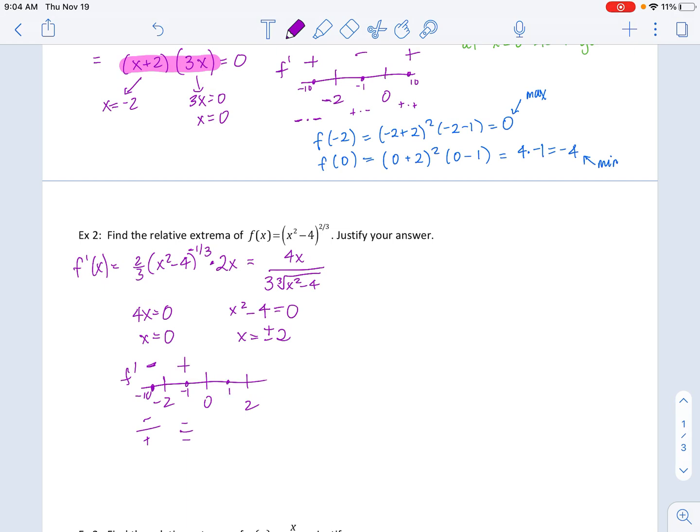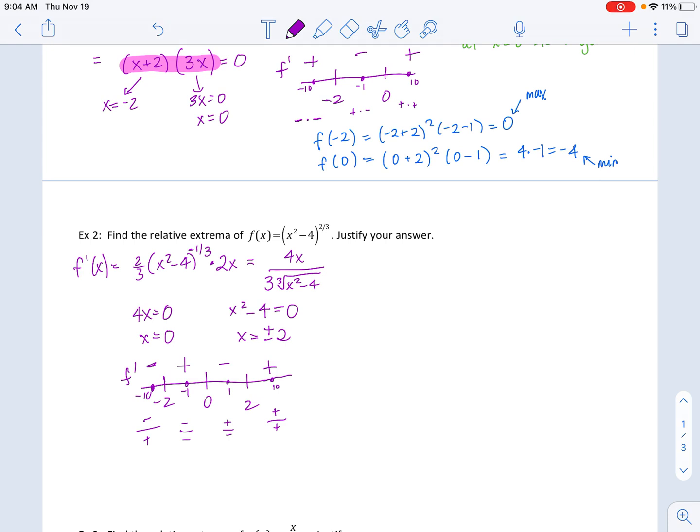If I plug in positive 1, positive divided by negative, so that's negative. And then 10, back to positive divided by positive. So that's positive there.